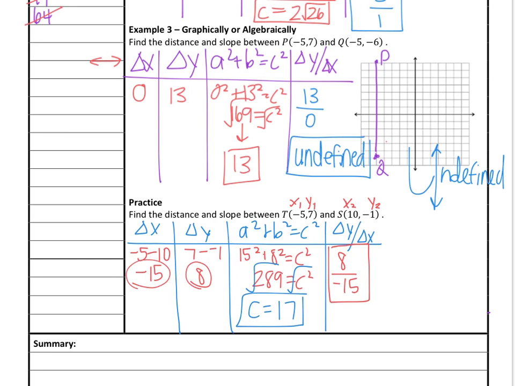All right, so as you can see, I found that the distance is 17 and the slope is -8 over 15.